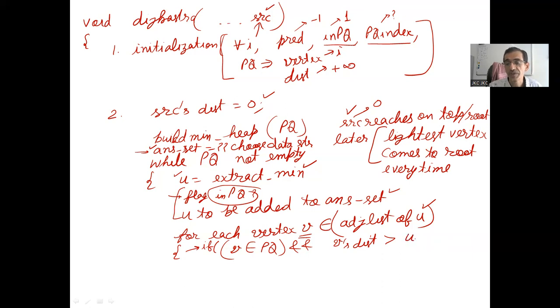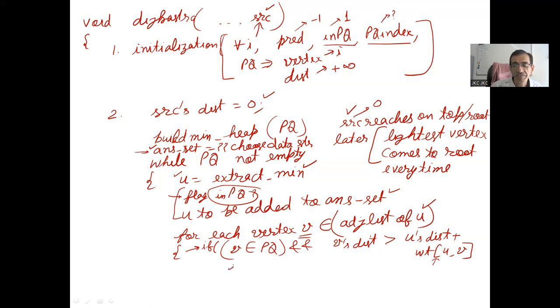New distance is going to be U's distance, which is the shortest distance from source to U and is final, plus weight of edge UV. Via U I am reaching, so V's distance will be modified to become U's distance, which is already minimum, plus the weight of edge UV. This weight is currently in the adjacent edge nodes, we have already done like earlier. But in adjacency matrix, we can take it from somewhere else.